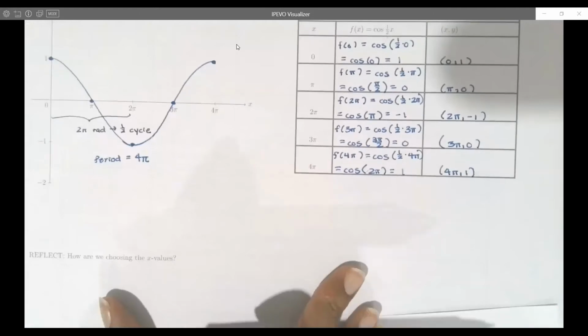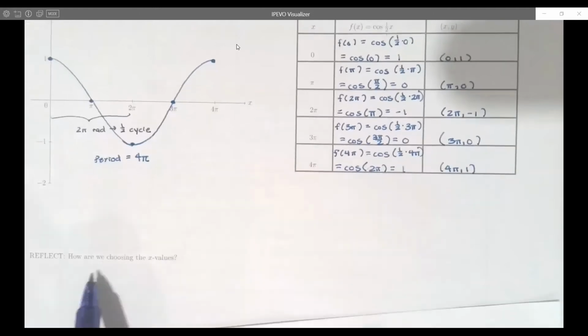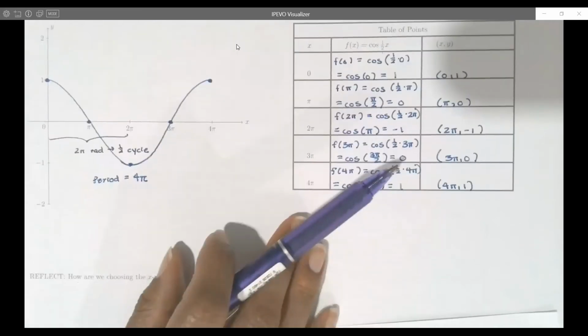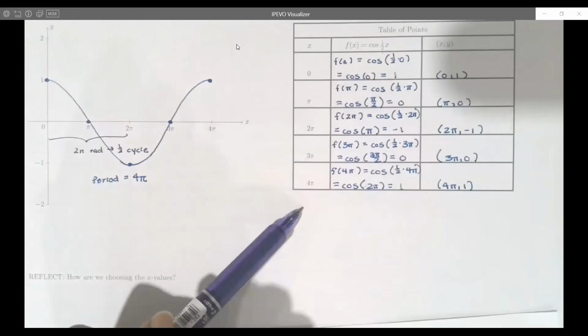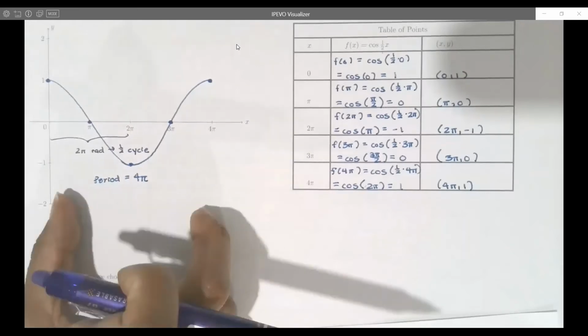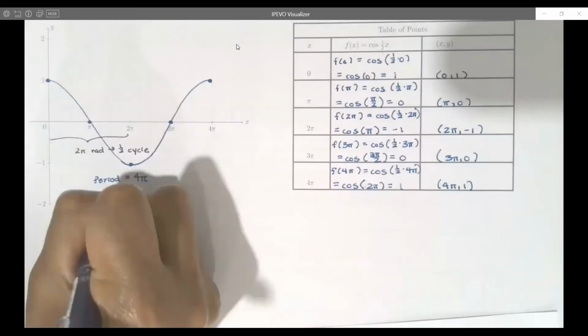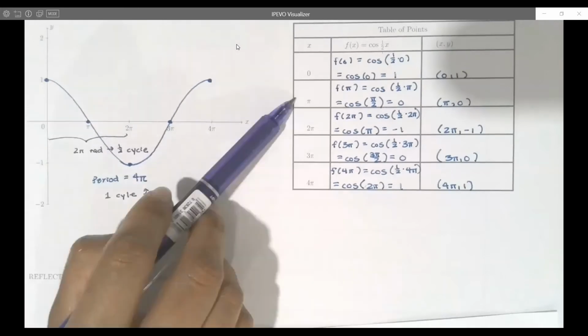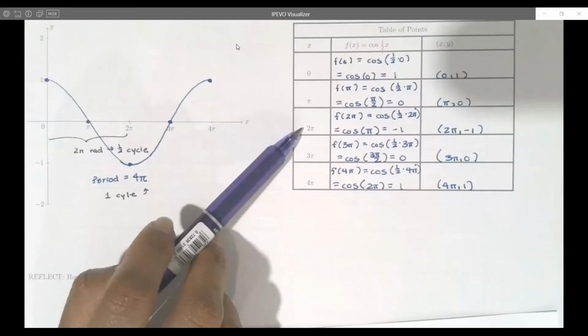All right. Now, here's a question for us to reflect on. How are we choosing the x values? Well, the x values are being chosen so that they are at 1/4 of the cycle, right? So one full cycle happens in 4 pi radians. And the points that we have are 0, pi, 2 pi, 3 pi, 4 pi.